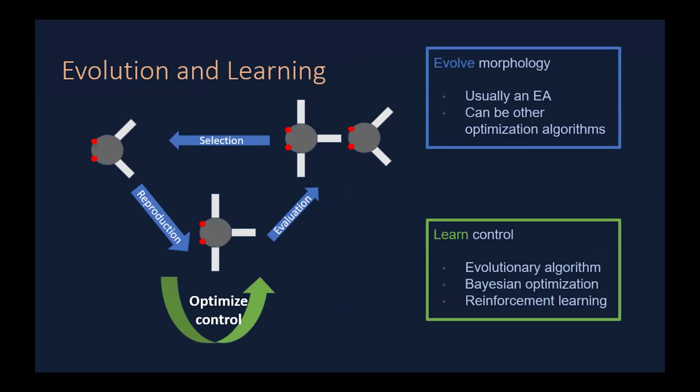So it's kind of an inner loop that for every body, for every morphology, optimizes the control. And then after optimization, you evaluate it again, and that will then be the fitness value. So it will not be the fitness value before learning, it will be after learning. I hope that clears it up.